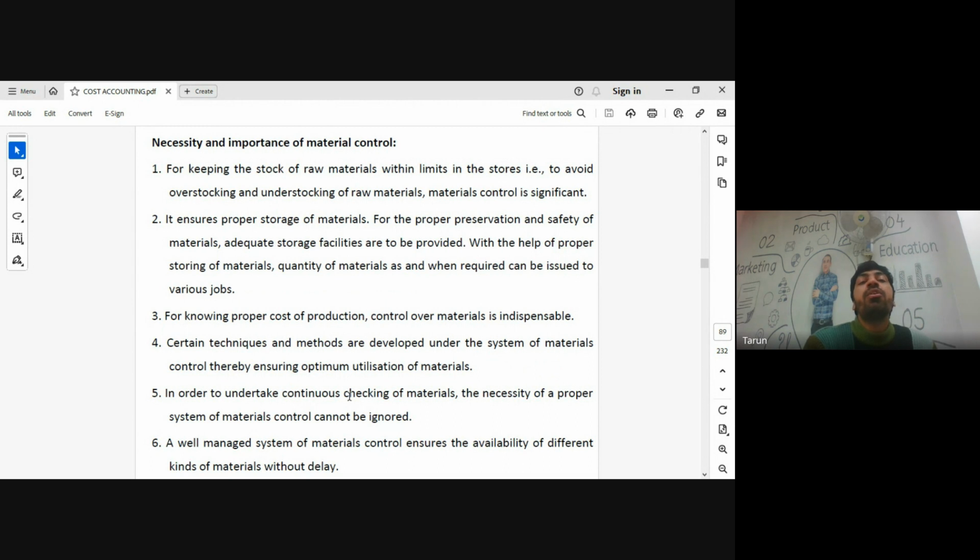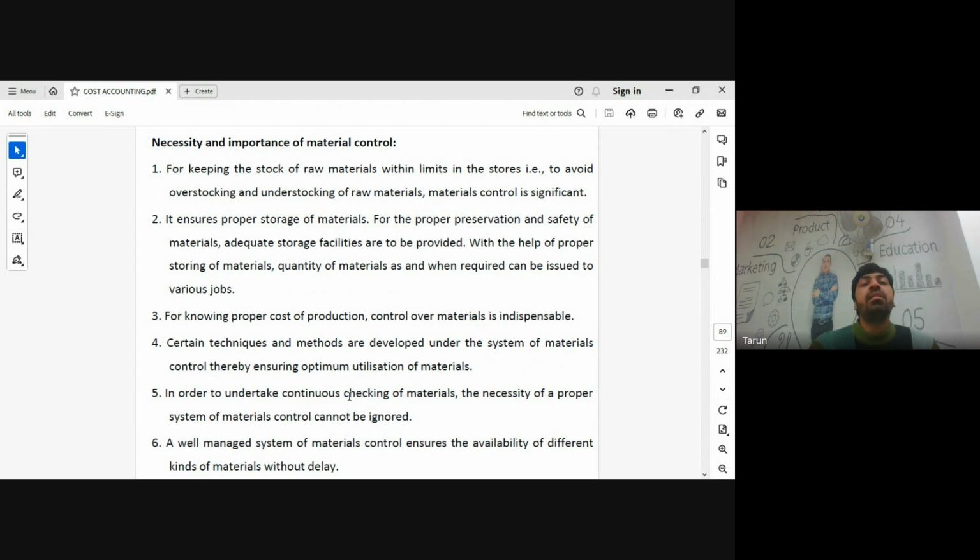Next is knowing the proper cost of production. It is very important to know what the proper cost of production would be, and how you control the materials, which is always indispensable. Next, certain techniques and methods are developed under the system of materials control so that it automatically ensures the optimum utilization of materials.